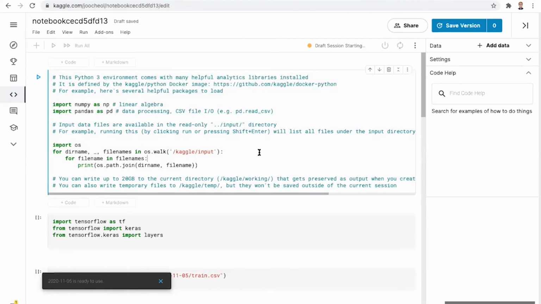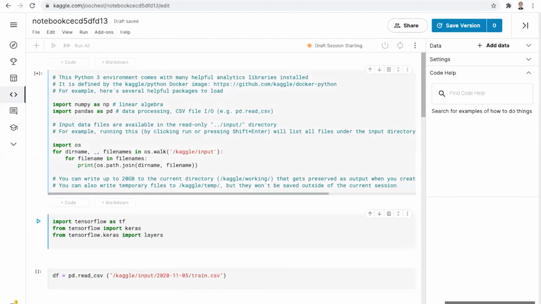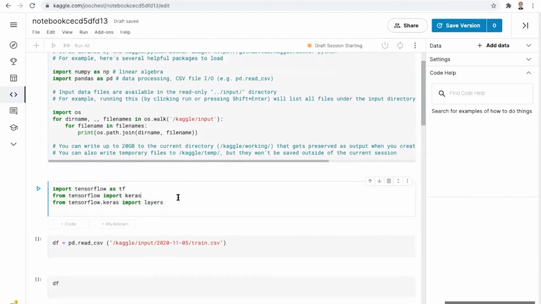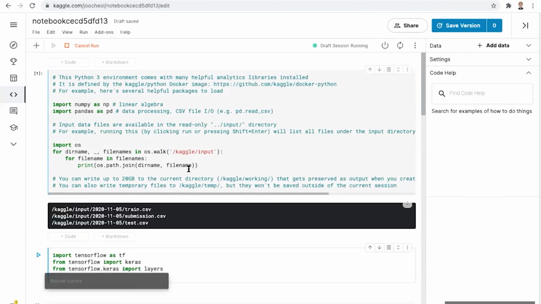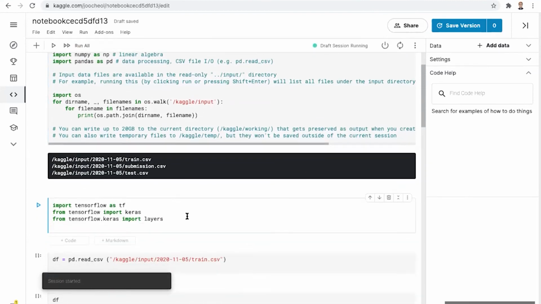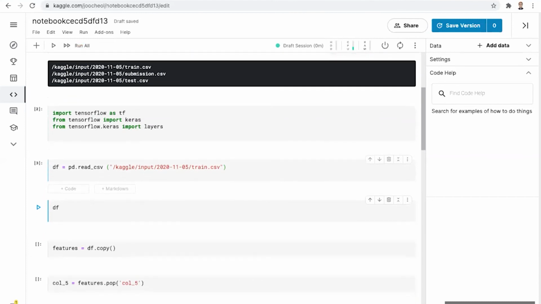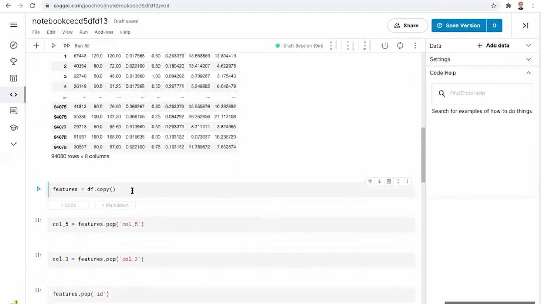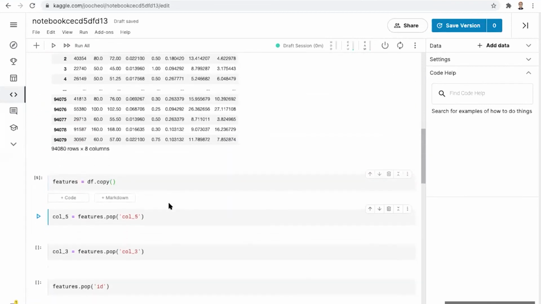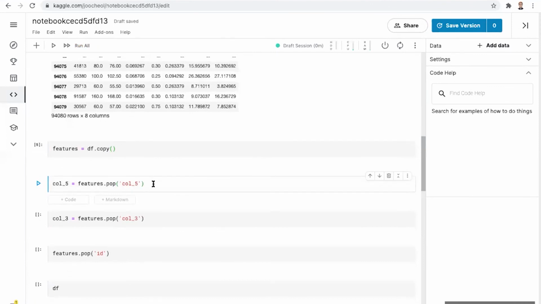Okay, so first we read the files. Read the files and import the necessary libraries, and then read the data set and see what's inside and make a copy, and then take out column 5 and take out column 3.